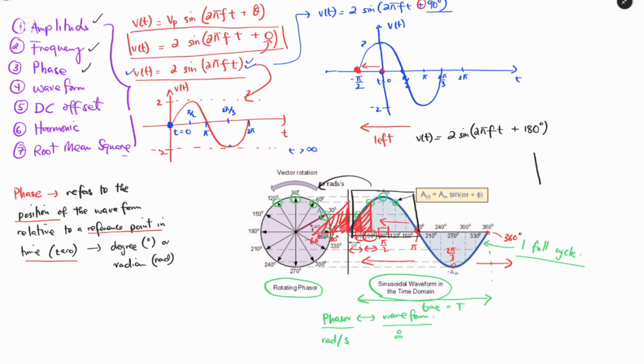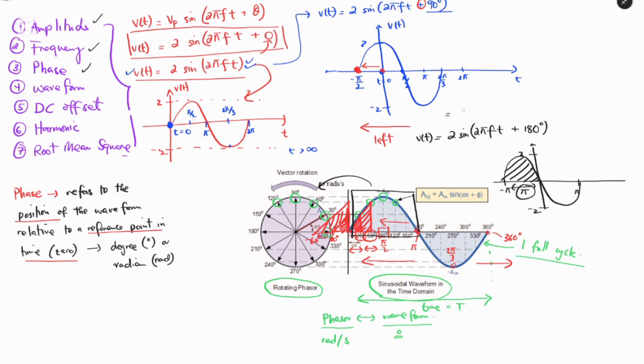Now we can automatically draw this particular waveform. We can have minus pi and pi in this region. We can have 2 and minus 2, and now the signal will be like this. So we can see that the half of the cycle, which represents pi, is now shifted.